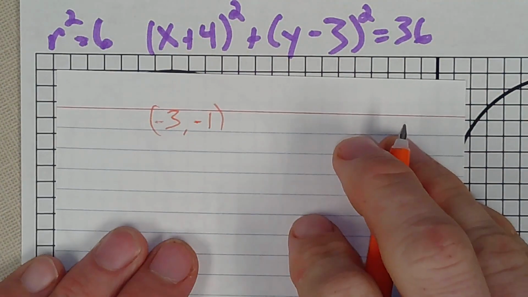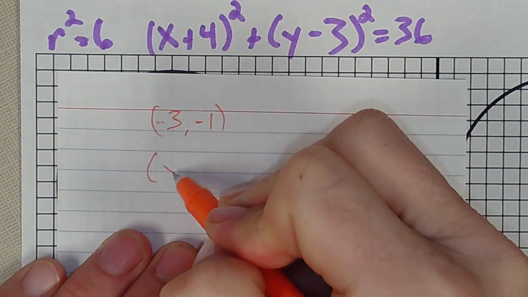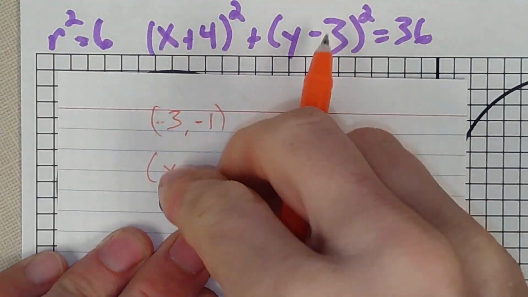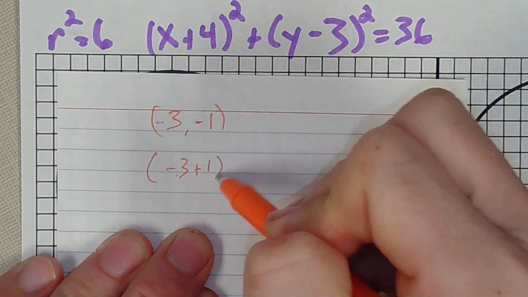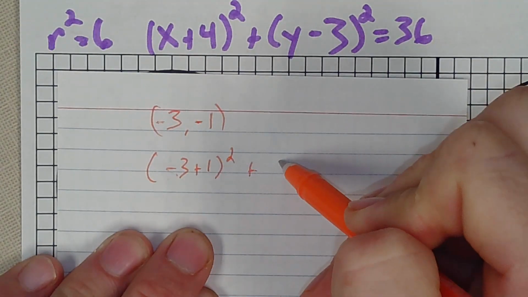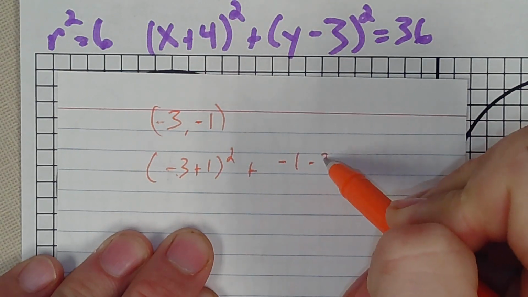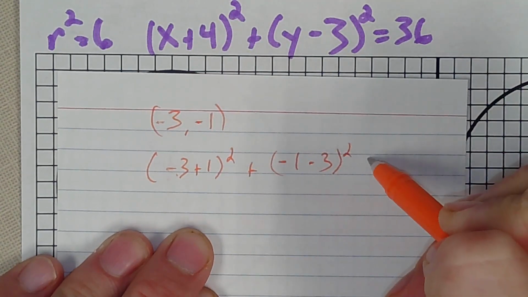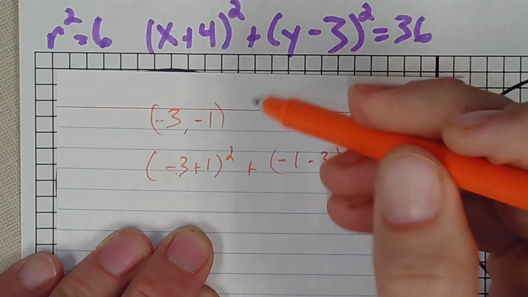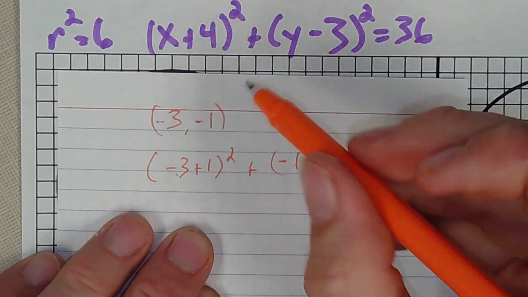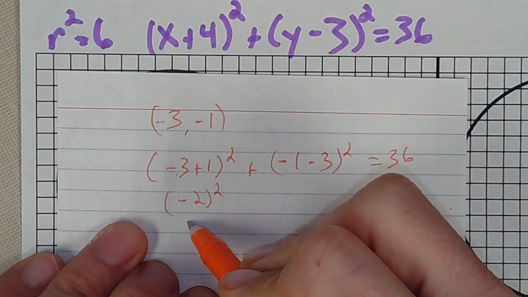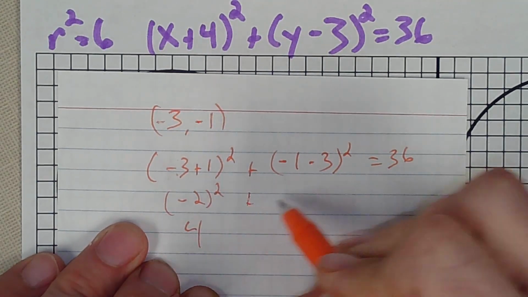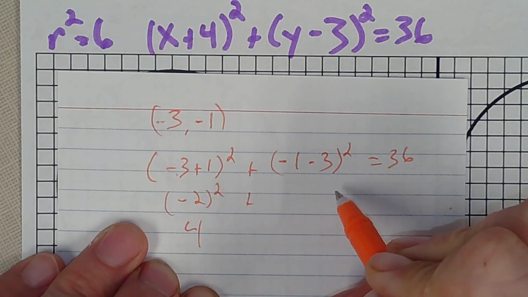So we just plug in our values: -3 plus 4 squared plus -1 minus 3 squared, and we're going to compare it to 36. So -3 plus 4 is 1, so this is going to be 1 squared plus -4 squared.